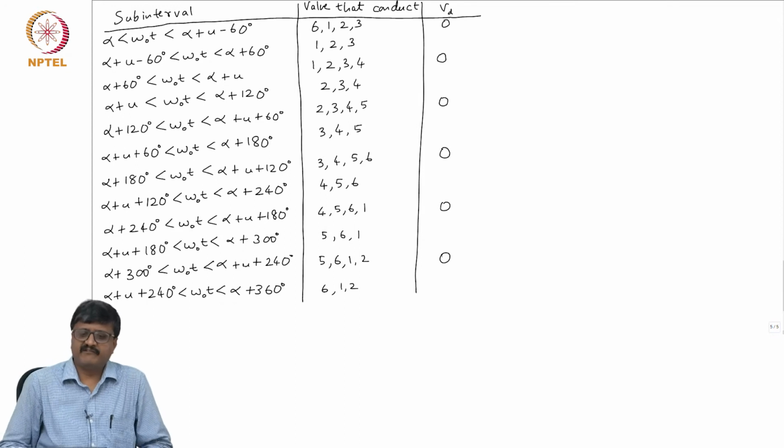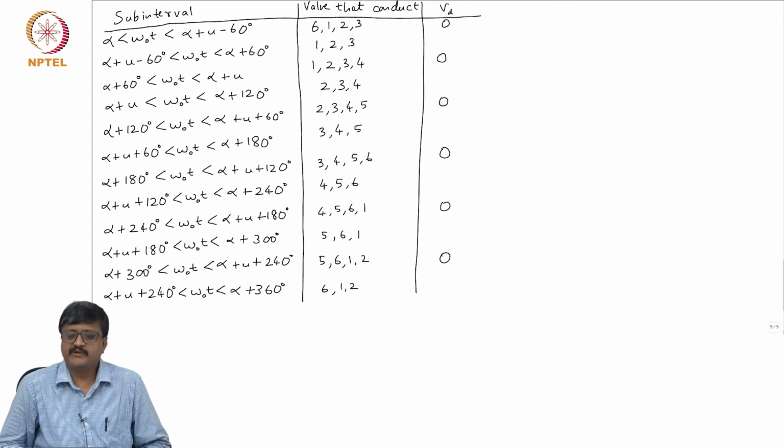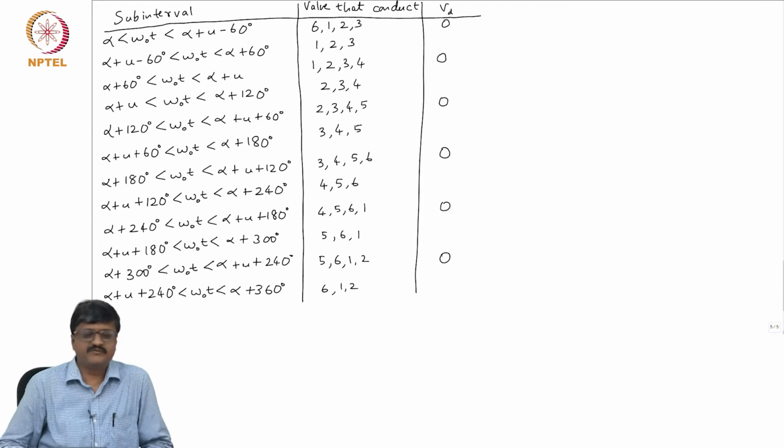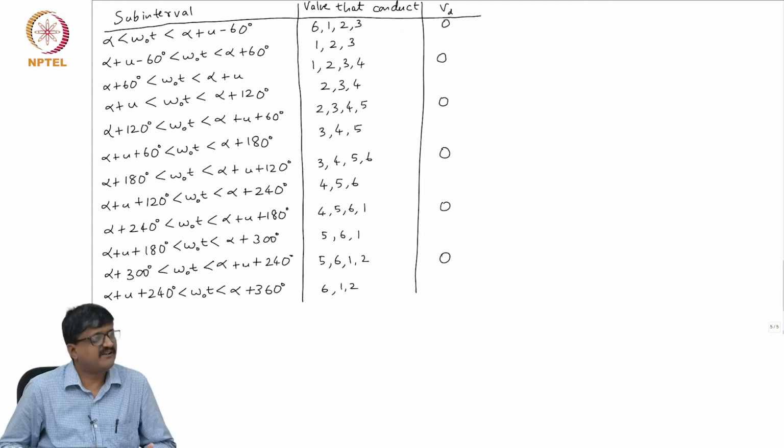Now, in the second subinterval, valves 1, 2 and 3 conduct. What is Vd? We have derived this for 2 and 3 valve conduction mode. The expression for Vd is just dependent on which valves are conducting.